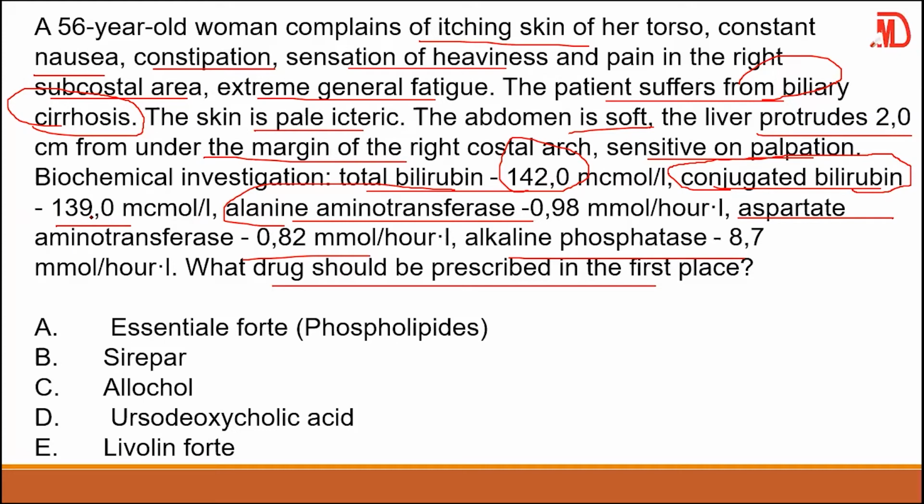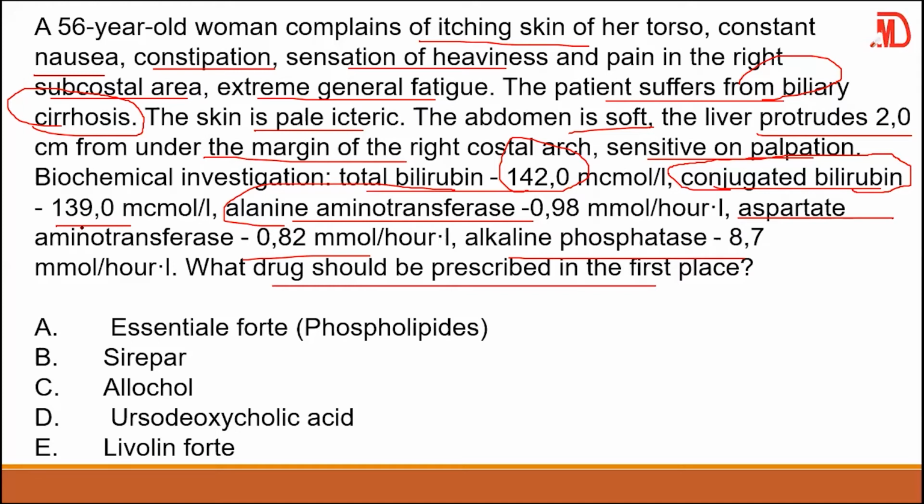Now, in post-hepatic, the conjugated ones are extremely more than the unconjugated. That means over here, it's only 3 micromole per liter that are unconjugated. So over here, we are looking at the problem with what? Post-hepatic or obstructive jaundice, or mechanical jaundice.